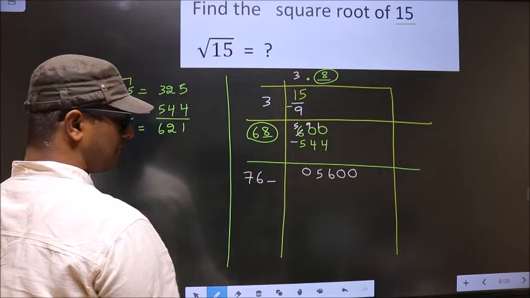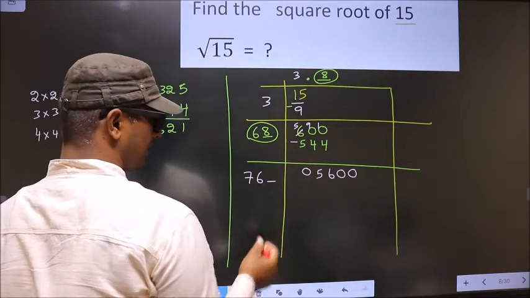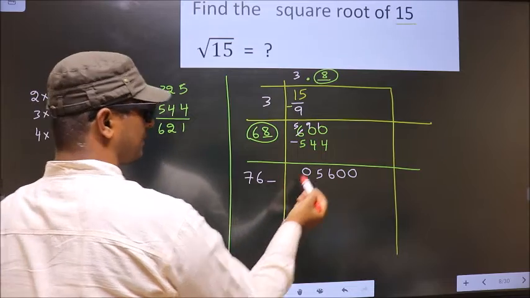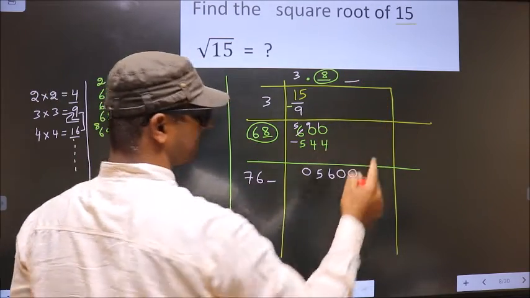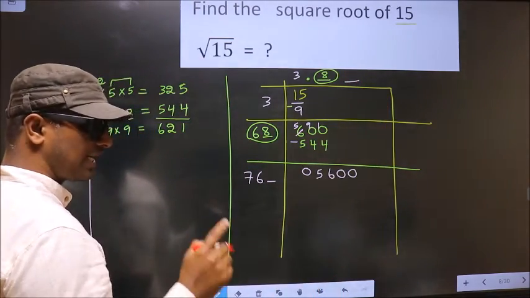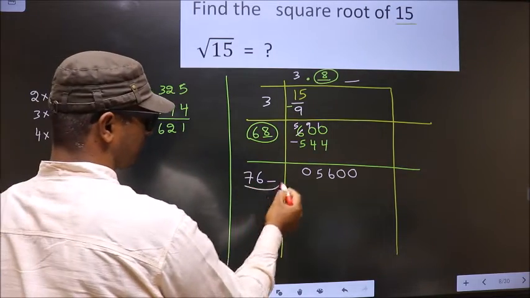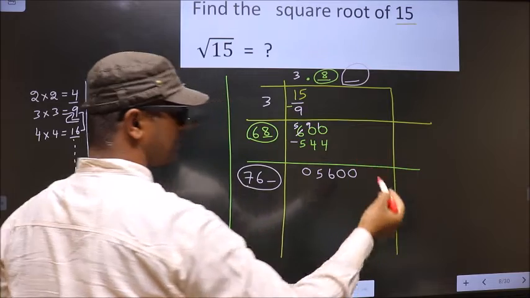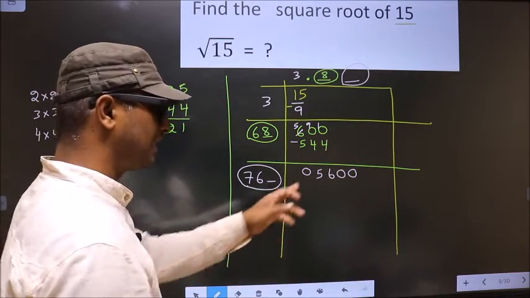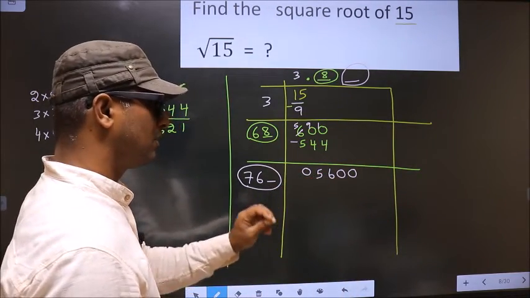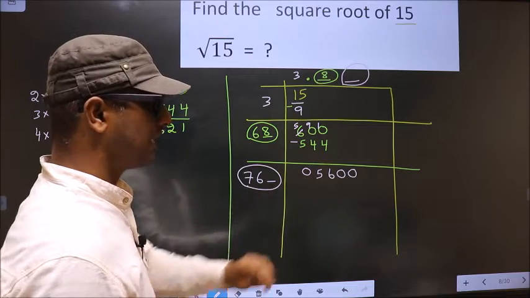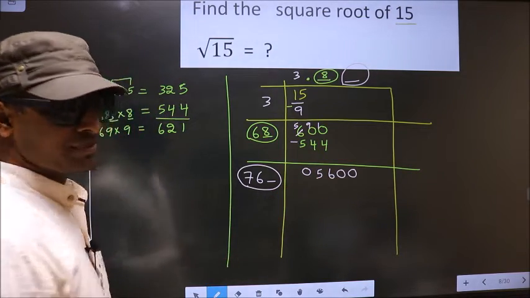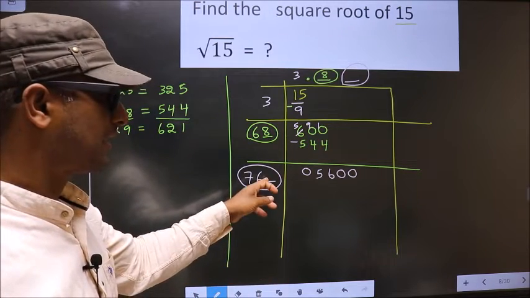Okay. Now I should write a number here. The condition is whatever number I write here, here also I should write the same number. And when you multiply this number and this number, the resulting number should be either equal to this or smaller than this, but not larger than this. So let us find the number here.